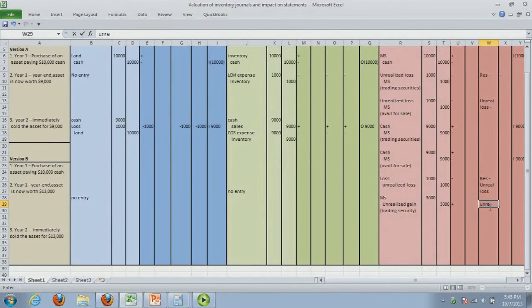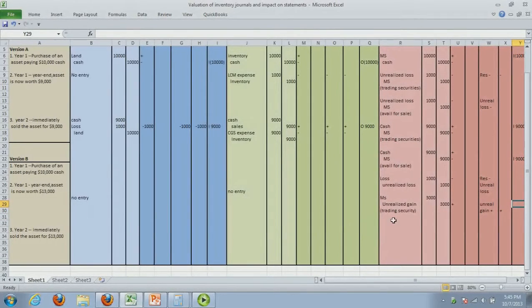I'll just put unrealized gain, and it's a plus. So that's the third category. We have common stock, retained earnings, and unrealized items. No impact on, this one actually does impact net income. So income would be going up, and cash flow is the no impact.